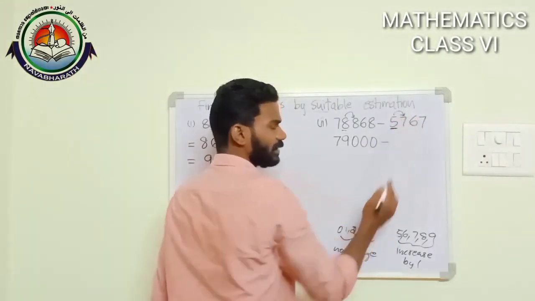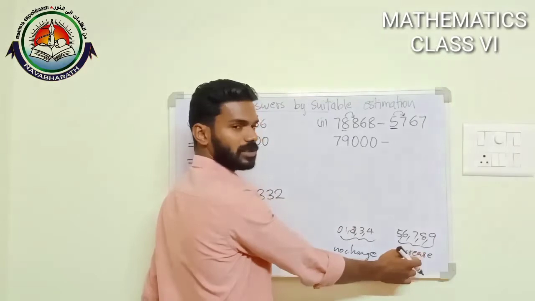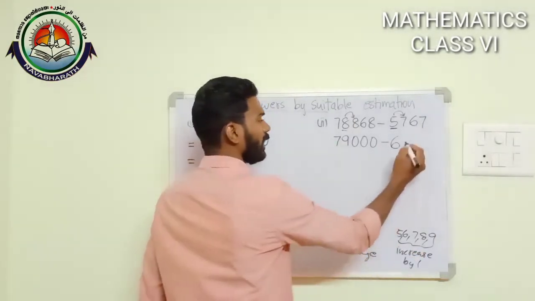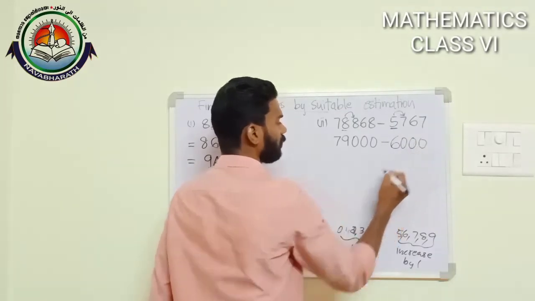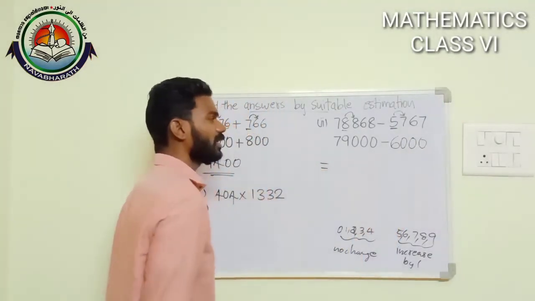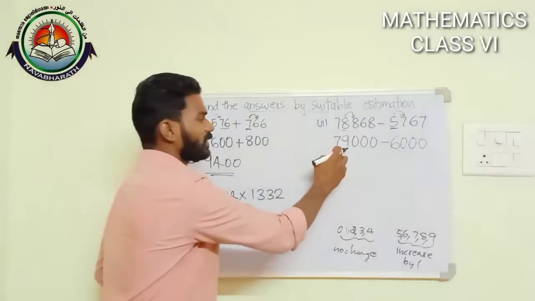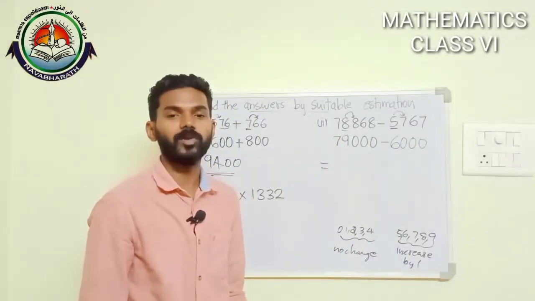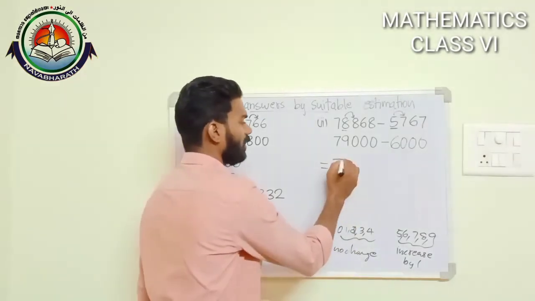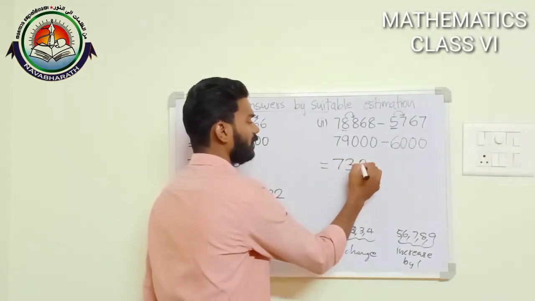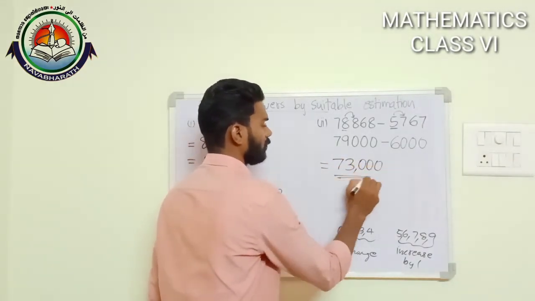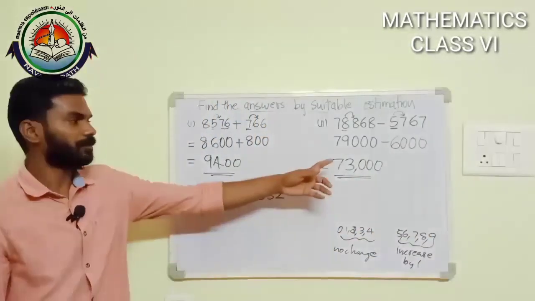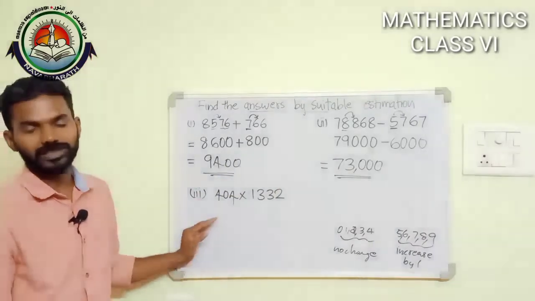It is 7. 7 belongs to this group. So 5 must be increased as 6. Then all the digits 0. 79,000 minus 6,000. What would be the answer? 73,000. Clear?